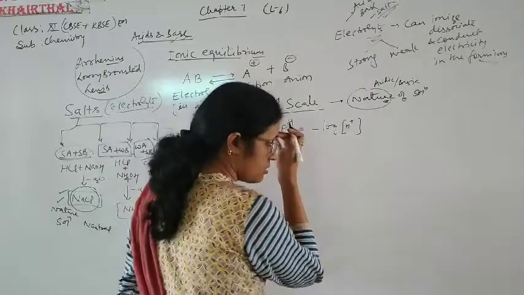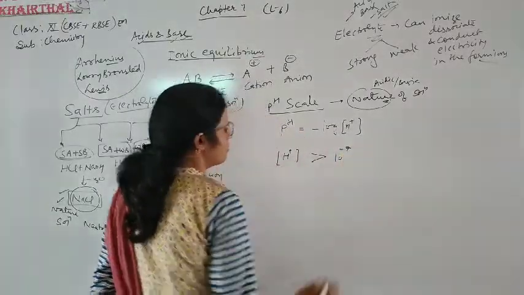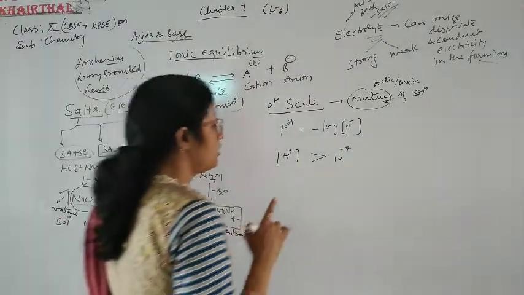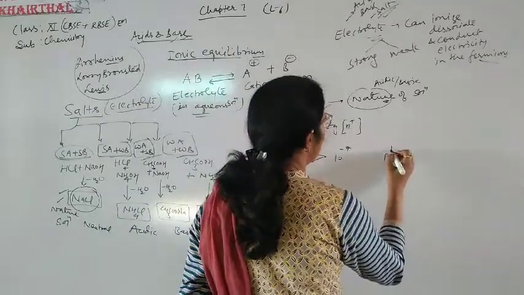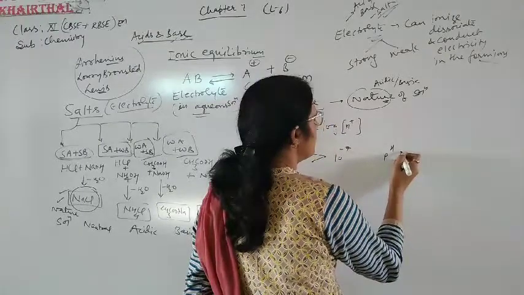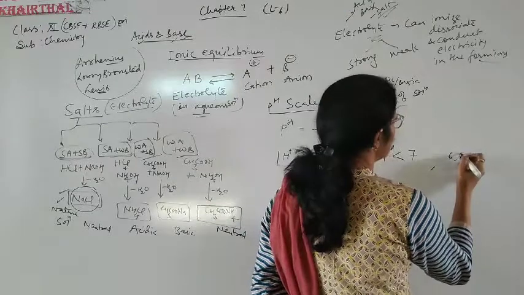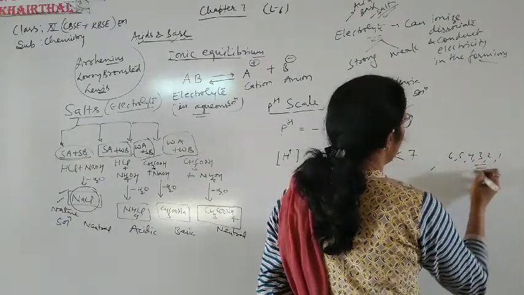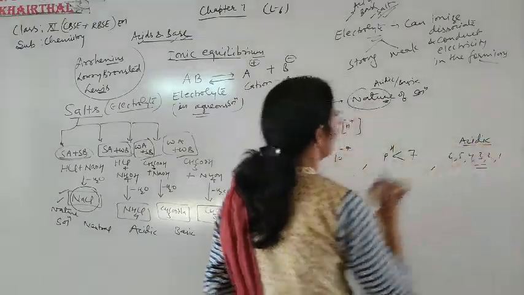If H+ ion concentration is more than 10 raised to power minus 7, then pH will be less than 7, means 6, 5, 4, 3, 2, 1, and the solution will be called an acidic solution.